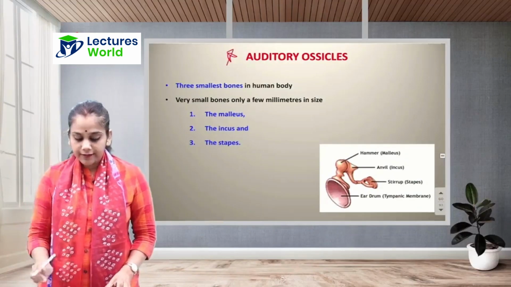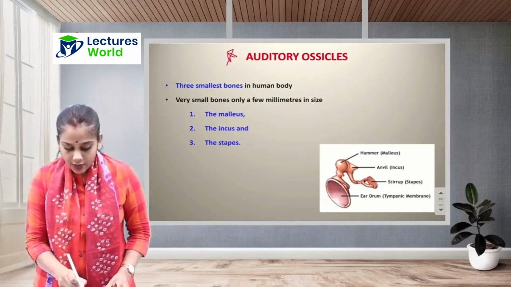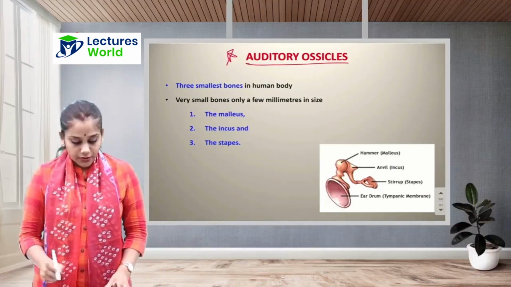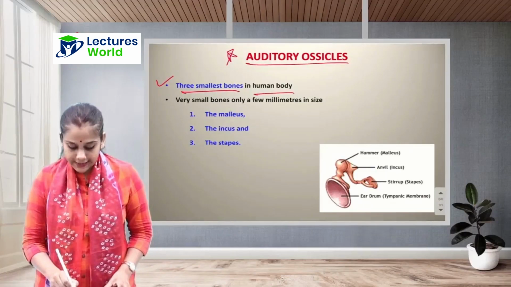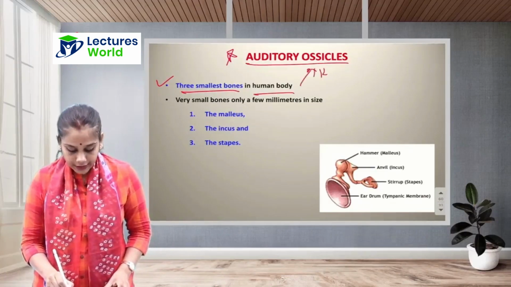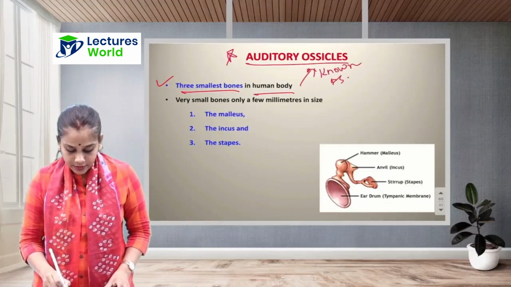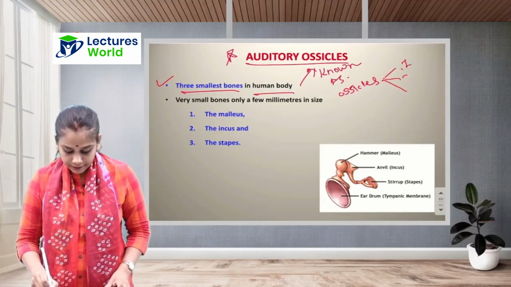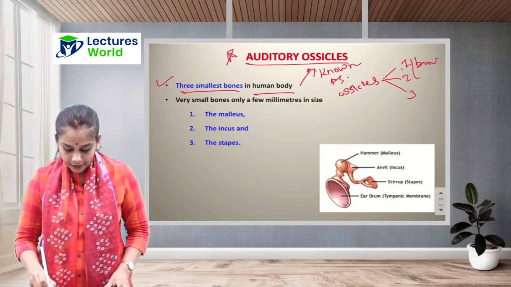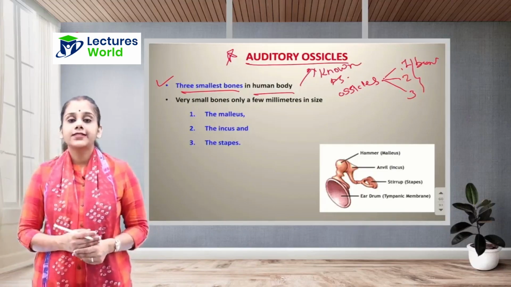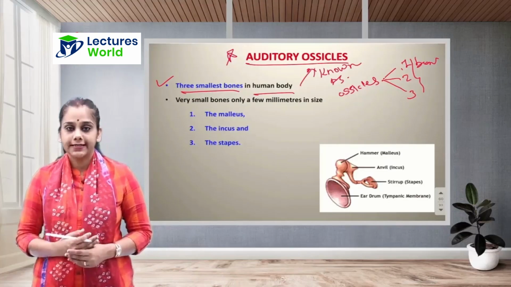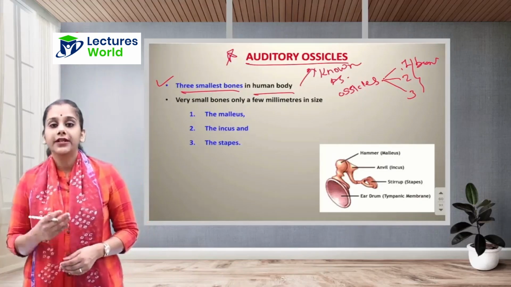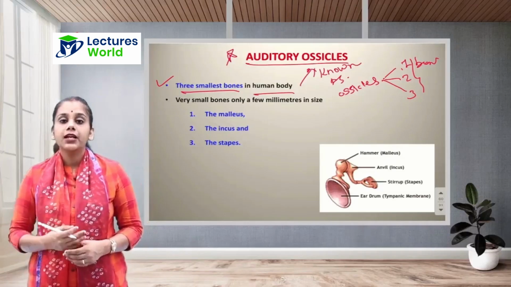Now the most important part of the middle ear is the auditory ossicles. There are three of the smallest bones in the human body, known as the ossicles. They are located in the middle ear.